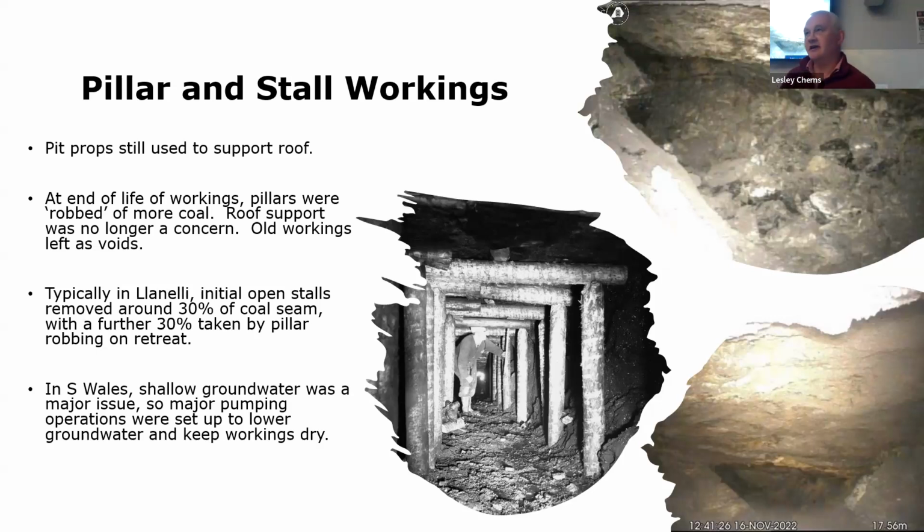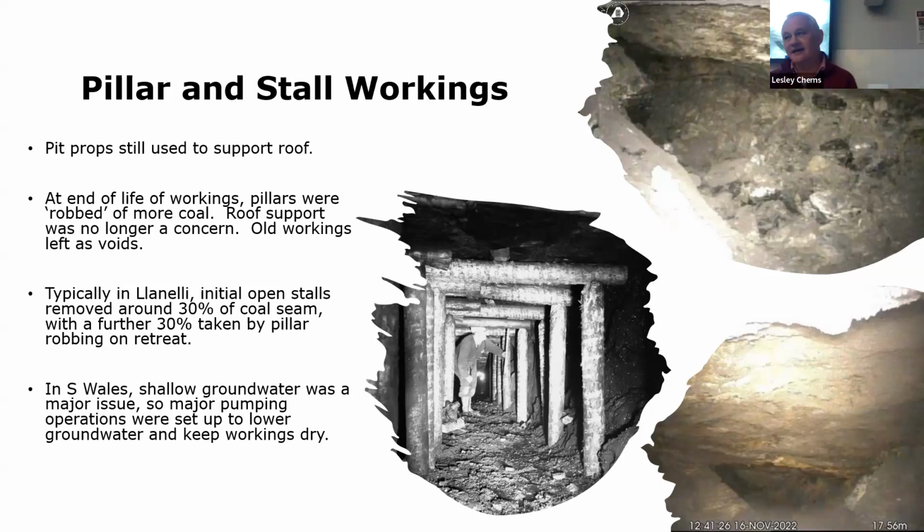Now, when the colliery came to its end of life, whatever the reason, whether they'd run out of room or they got to groundwater and couldn't go any further, what they used to do when coming out was, they didn't care about the roof staying up anymore. So as they came back out, they robbed the pillars of coal. They made the pillars narrower because they didn't care if it collapsed behind them.